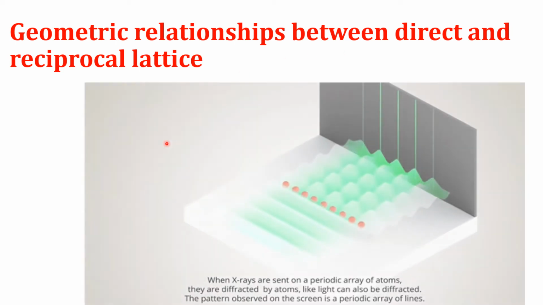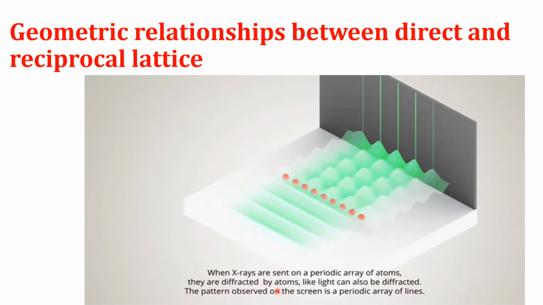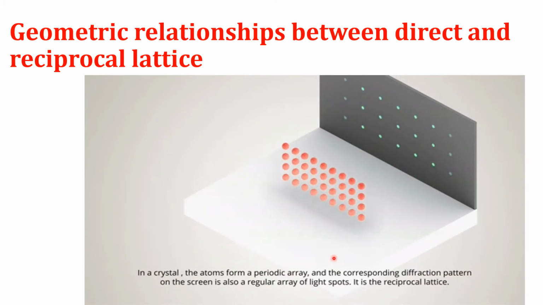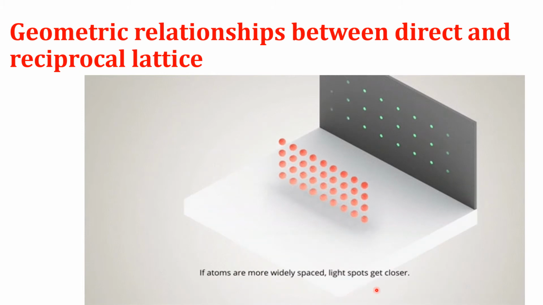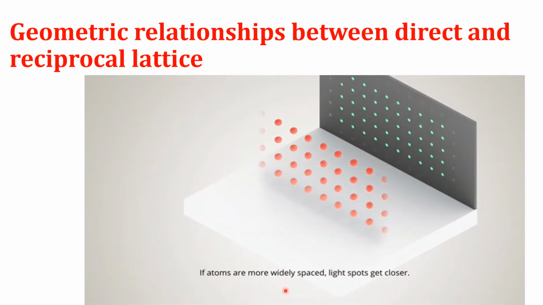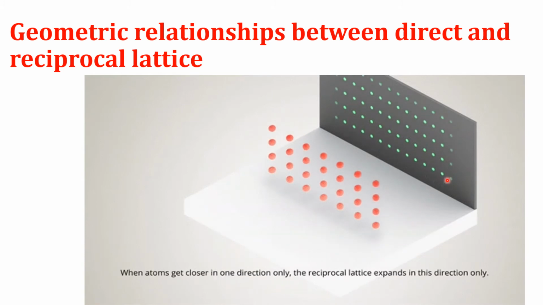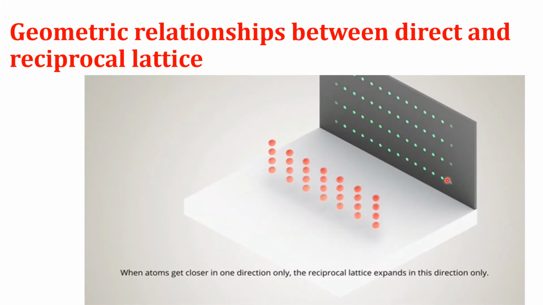When X-rays are incident on a periodic array of atoms, they are diffracted and the image is shown in the form of an array of lines on the screen. The resulting regular pattern of light spots represents a reciprocal lattice. If the atoms are more widely spaced, the light spots get closer, and vice versa.